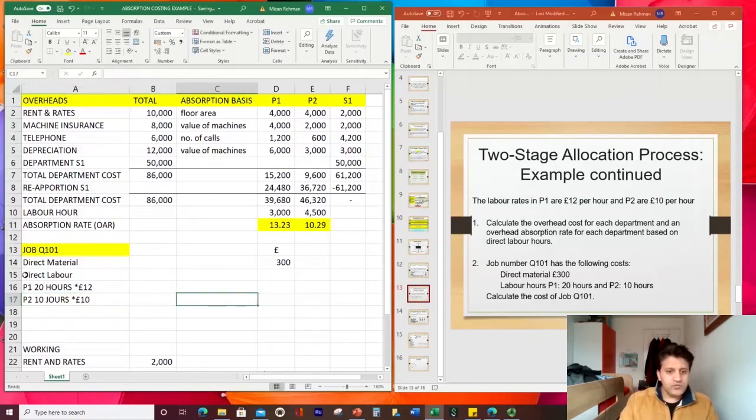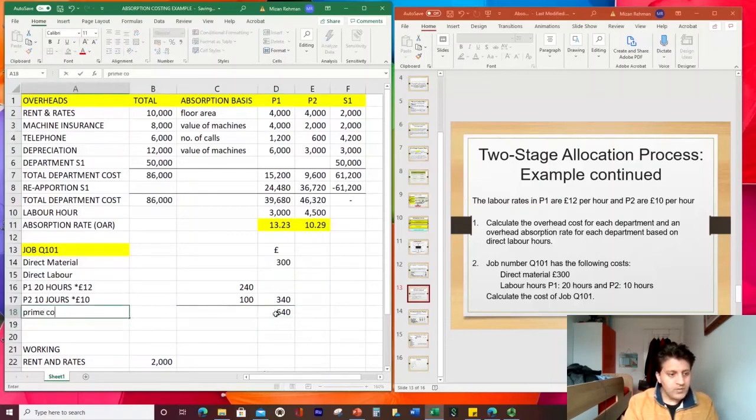So the direct labor cost would be, it turns out we didn't really need 2 columns, so I'll forget it. Let's do it right now here. Okay, so 20 times 12, and then 10 times 10, 100. So the total cost of labor would be 340. If we add these 2 costs, we get our prime cost. So that's my prime cost.